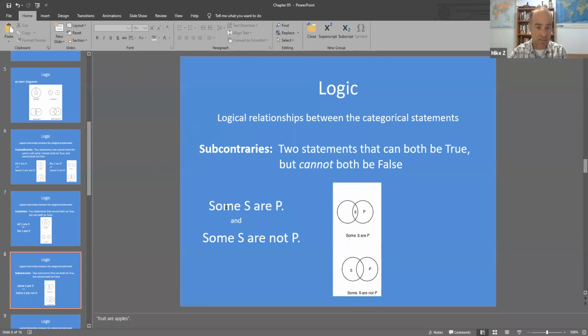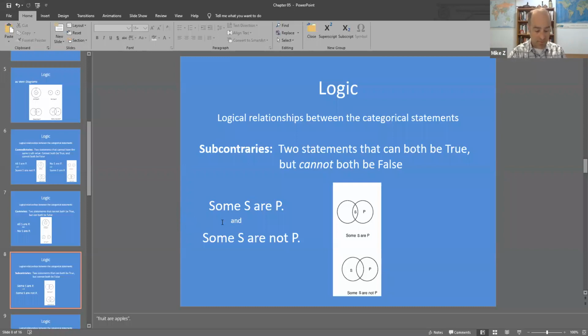If it's false that some cats are reptiles, then that means the cats category is completely separate from the reptiles category, right? That's what makes it false that some cats are reptiles. So if it's false that some cats are reptiles, then it must be that no cats are reptiles. And if no cats are reptiles, then it must be true that some cats are not reptiles.